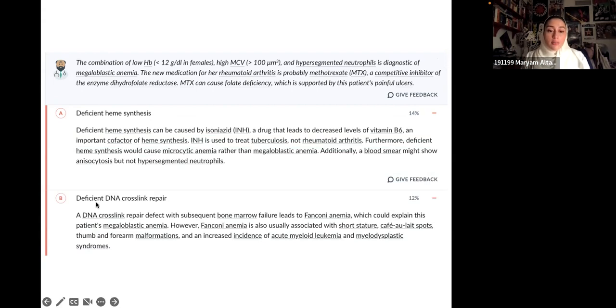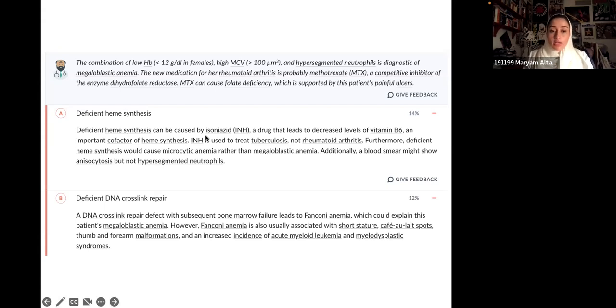Okay. And so the other option was deficient heme synthesis. In deficient heme synthesis, that's what we call sideroblastic anemia that can be caused by vitamin B6 deficiency. Okay, and the general scenario they might give you for this is if they have a patient on isoniazid or INH treatment for tuberculosis.